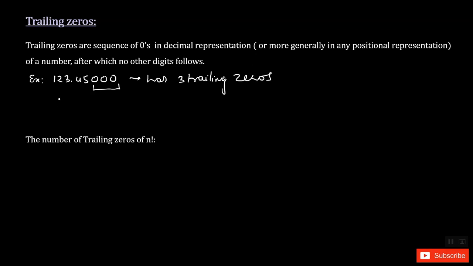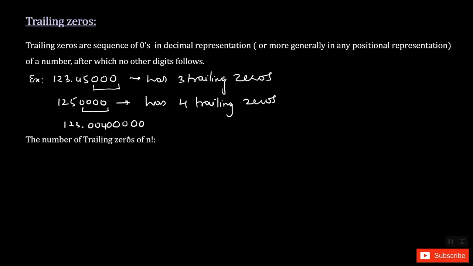Another example: 125,000. It is not necessary for the number to be a decimal, anything works. How many trailing zeros does this have? 4. So this number has 4 trailing zeros. Let's take another example: 123.00400000.